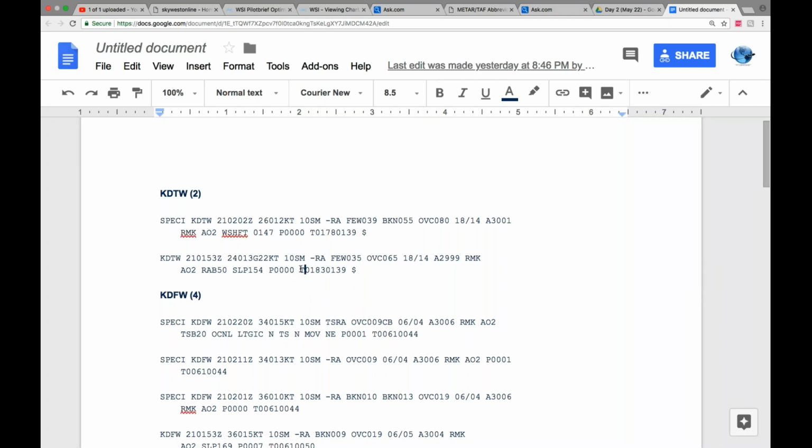This T identifies that it's the accurate temperature dew point spread, 0183, 18 degrees. It's just rounded to 18 degrees. 0139, 13.9, 14 degrees, okay?